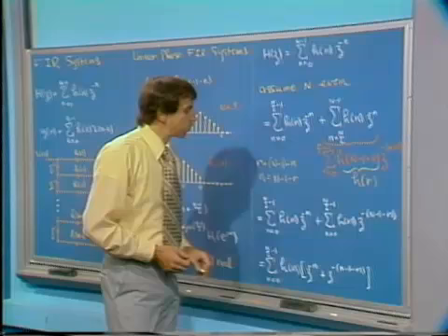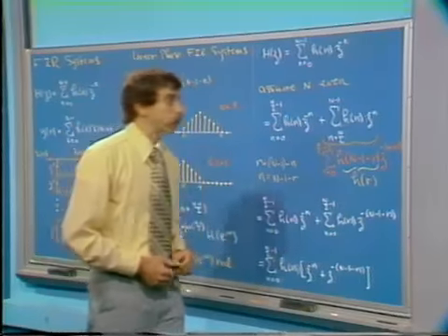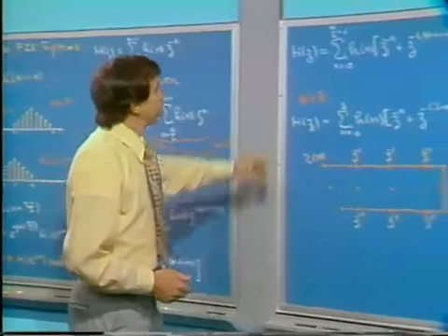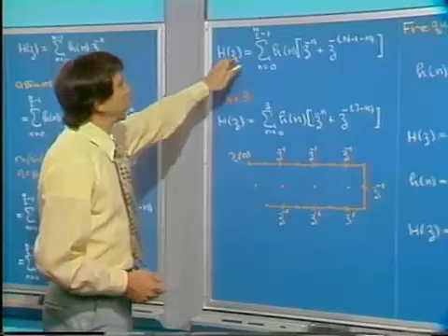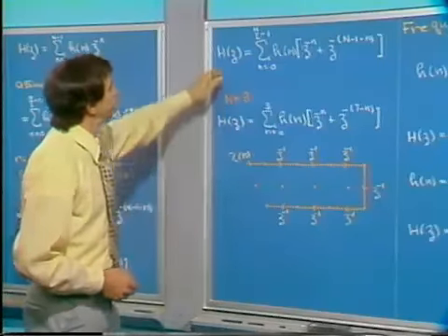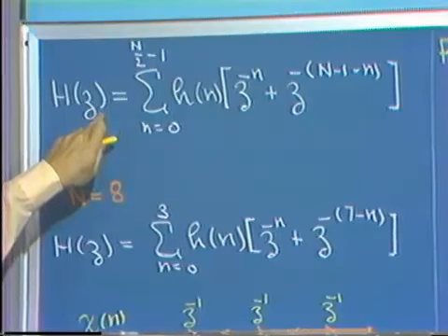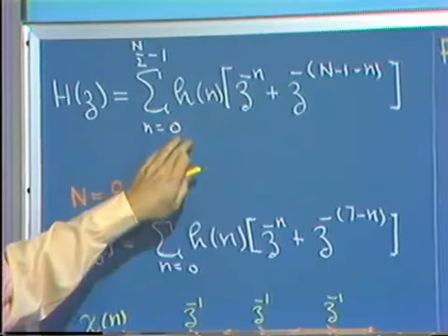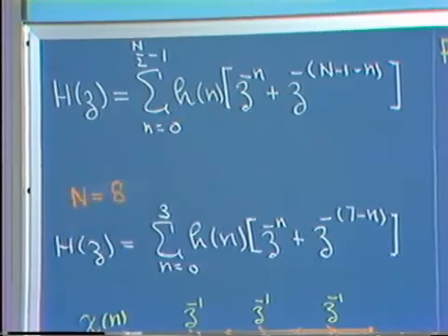Well, let's see what this implies in terms of a filter structure. Here I've simply rewritten the general form for the transfer function, assuming that the system is linear phase, as we've just worked out.